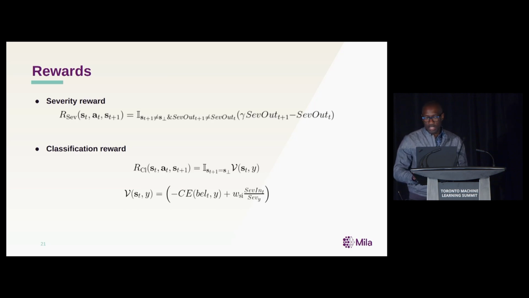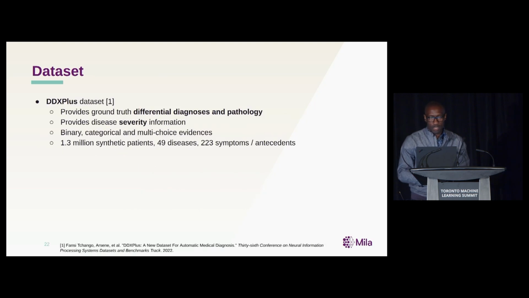So with all these reward components, we train our agent using a version of DQN called Rainbow, to learn our policy and infer the differential diagnosis over time. That concludes the design of our solution.